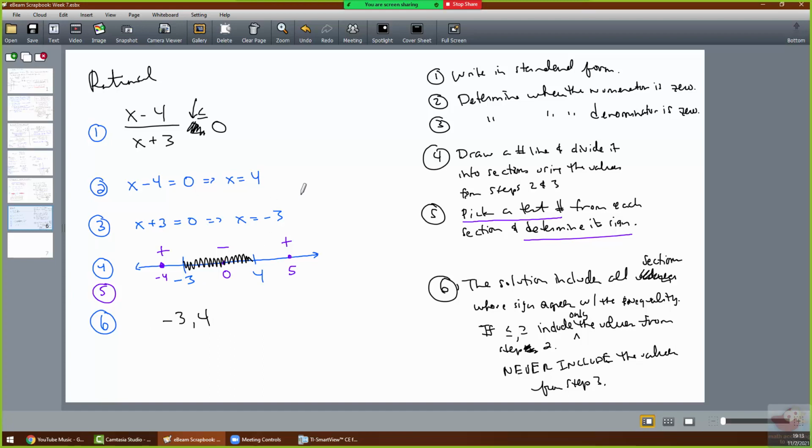But notice negative 3 came from the denominator, so no matter what the inequality says, it has to get a parenthesis. 4 came from the numerator, and because the inequality is not strict, we throw a bracket on it.